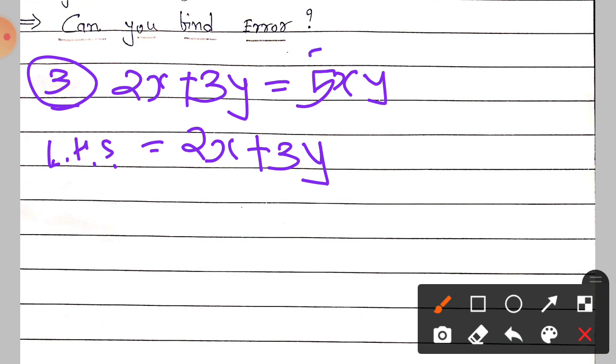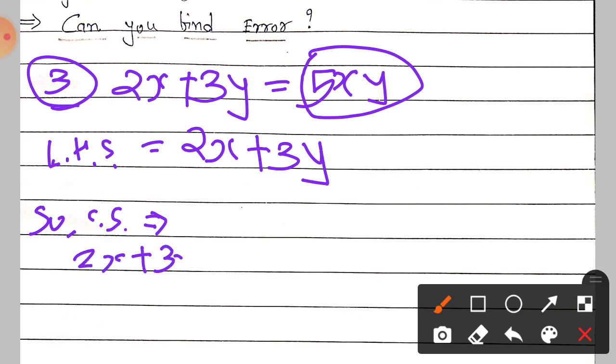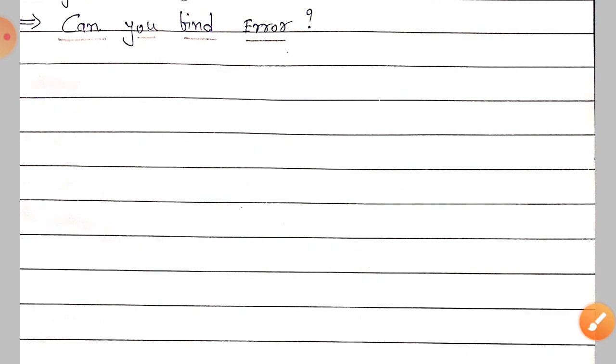So we cannot write it like 5xy. The correct answer is 2x plus 3y. So the correct statement implies 2x plus 3y is equal to 2x plus 3y. This is your answer. You have to write only like this. Correct? Now move on to the next question.